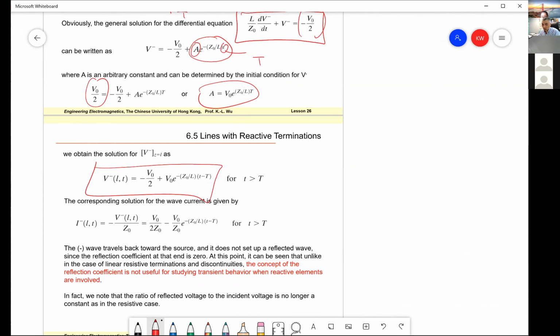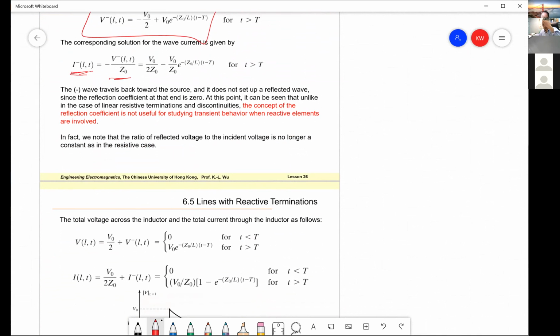We can also know the reflected current because it is just divided by the characteristic impedance. The reflected wave and the incident wave are both traveling waves, so we can obtain current by dividing voltage by characteristic impedance. Now we know the reflection, and the total voltage at the load.